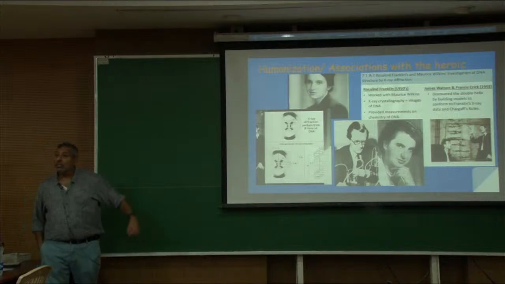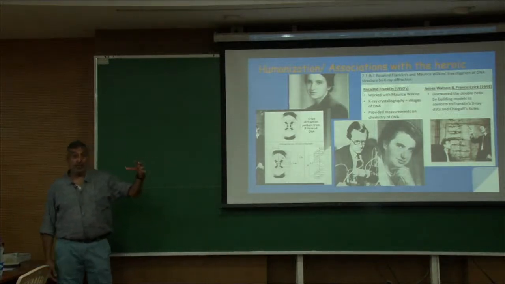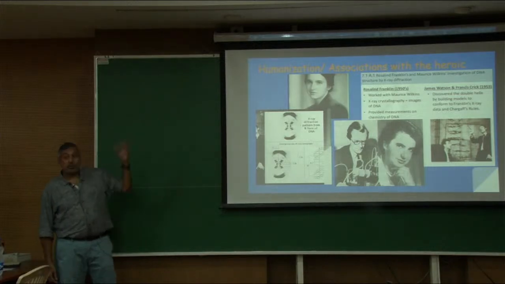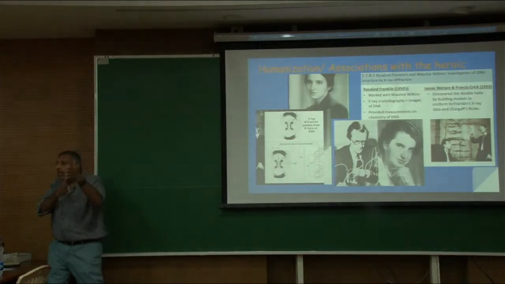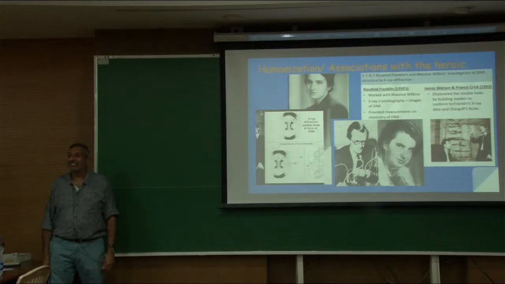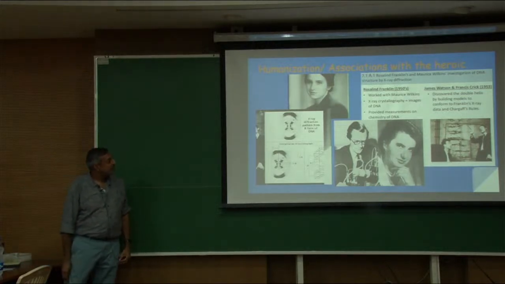So Rosalind Franklin, associations with the heroic, definitely a hero, and also a human figure who kind of exemplifies that whole idea of the cutting edge of genetics. Next, please.